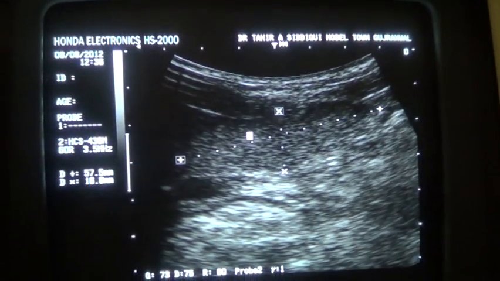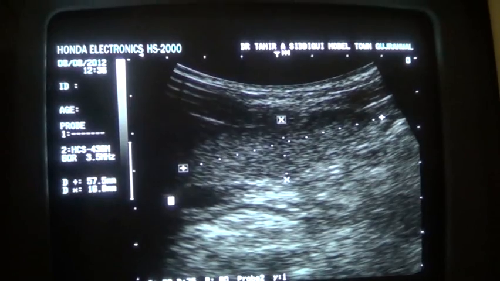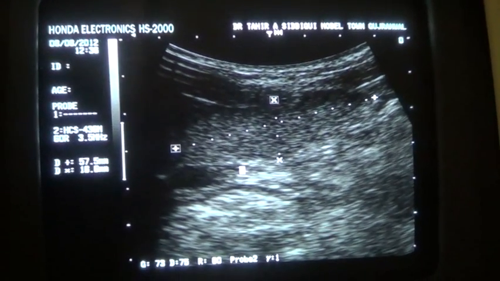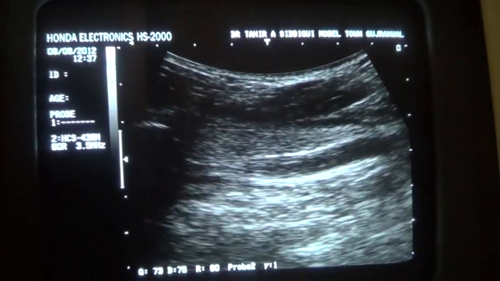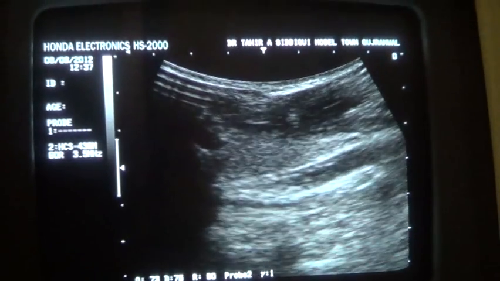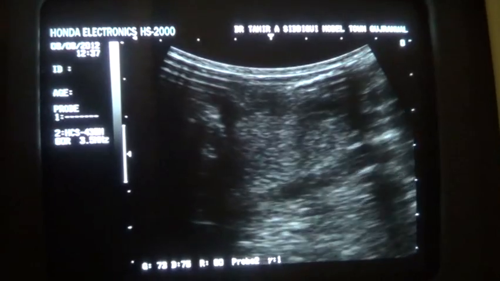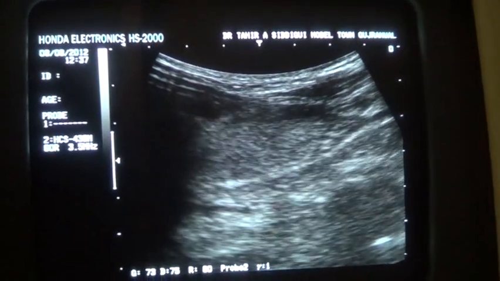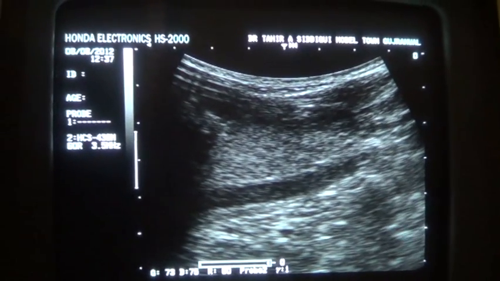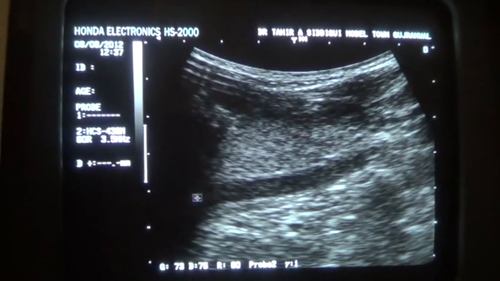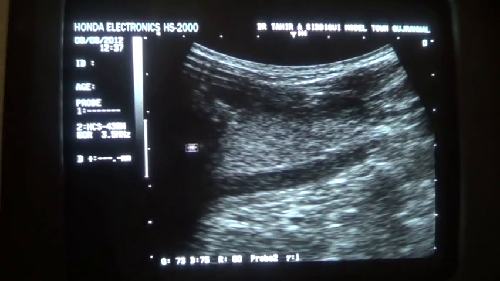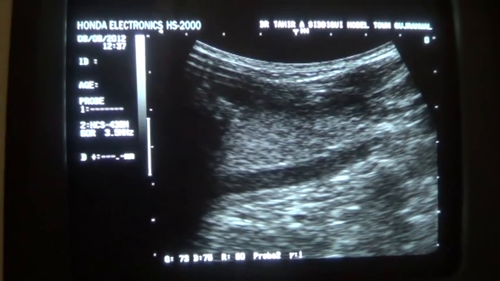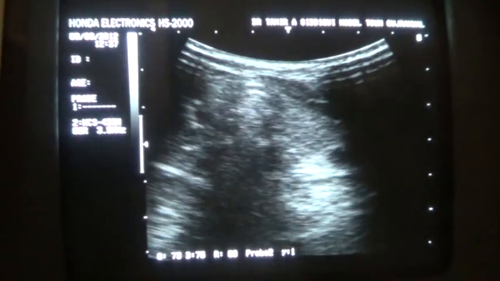This is the left lobe of the thyroid in longitudinal section. This is the common carotid artery as its landmark. So this is how we see the landmark, definitely the longitudinal section of the common carotid artery. Now this is the left thyroid lobe in longitudinal section.